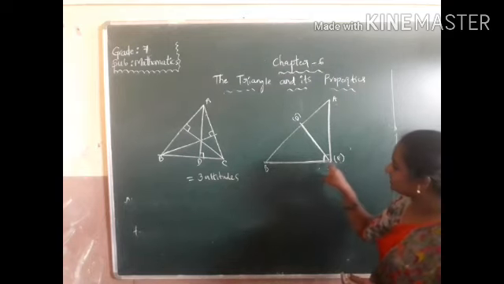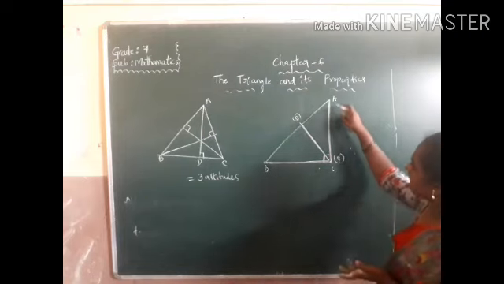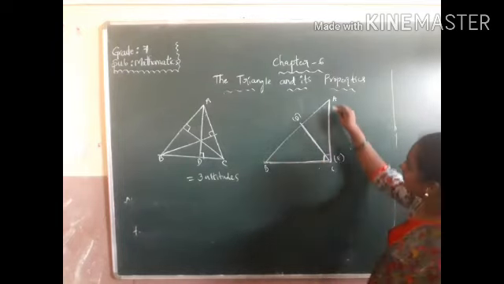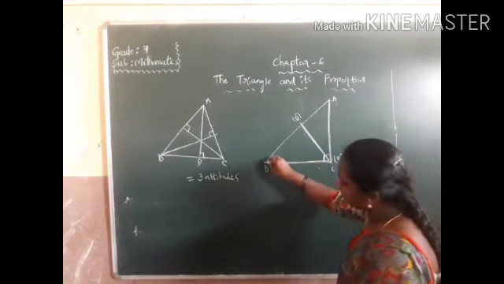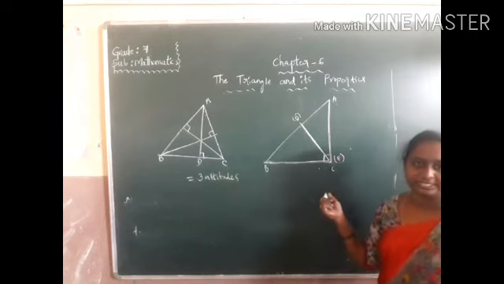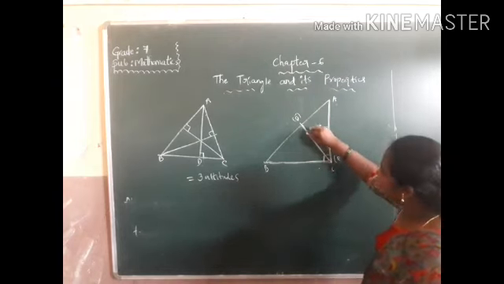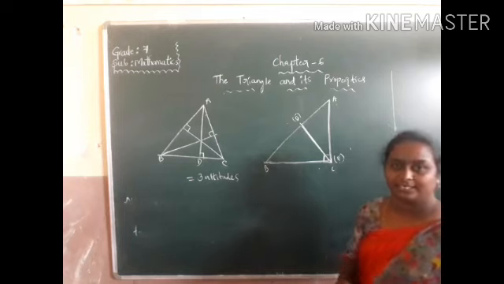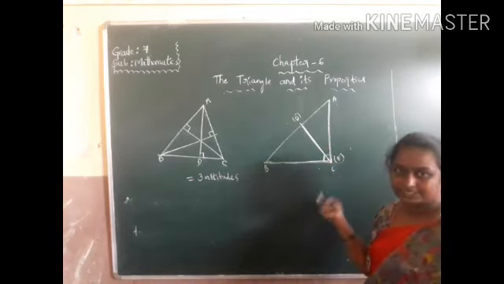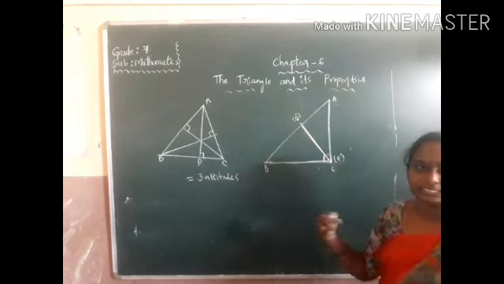That means BC is itself the altitude. So in fact in a right angle triangle ABC, the two legs along the right angle are altitudes themselves. One of the altitudes lies inside of the triangle. In the right angle triangle, two altitudes are the sides themselves, and one of the altitudes lies in the interior.